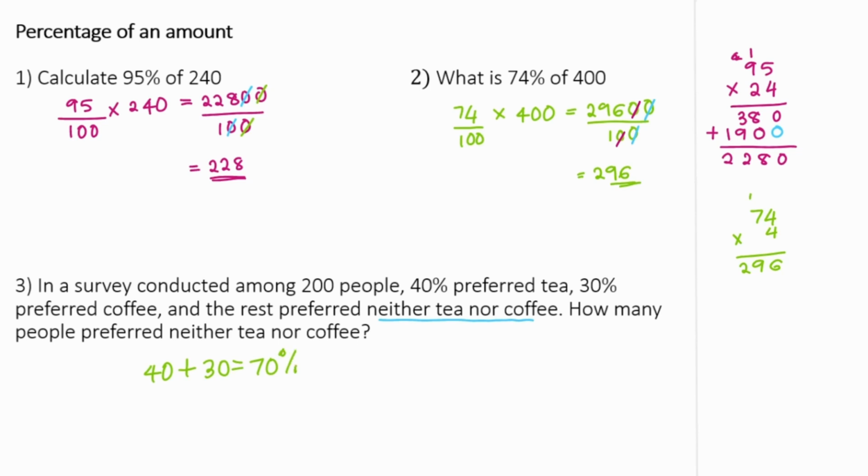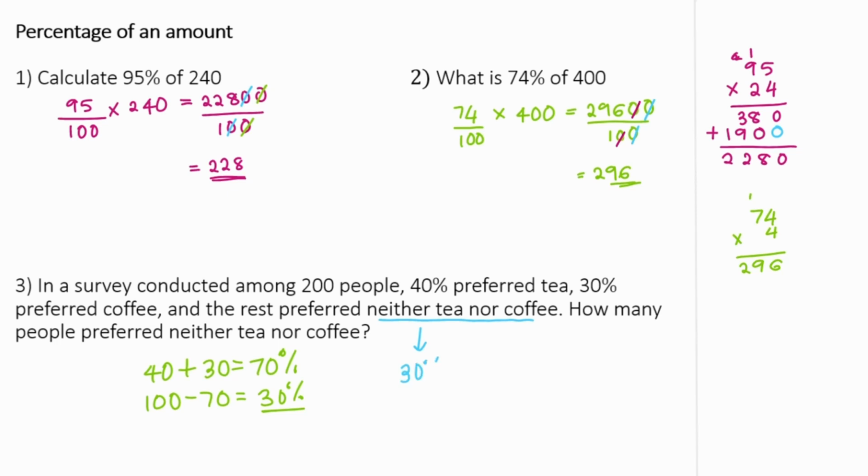So to find the percentage that do not like tea or coffee, we're going to take this away from 100, which gives us 30%. So 70% of people like tea and coffee, but it's the 30% of people who do not like tea and coffee, and that's what we're looking for.